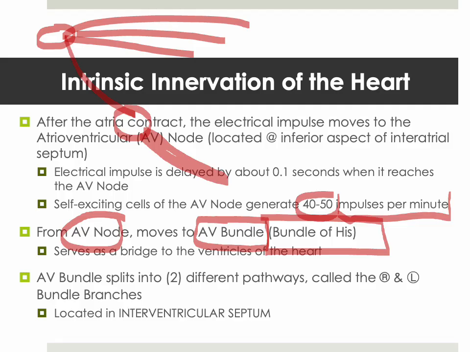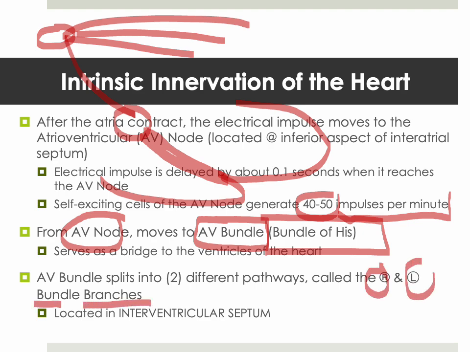From there, it's going to split in two. And these are called the right and the left bundle branches, okay? This piece, meaning the bundle of His or the AV bundle, is in the interventricular septum, okay?